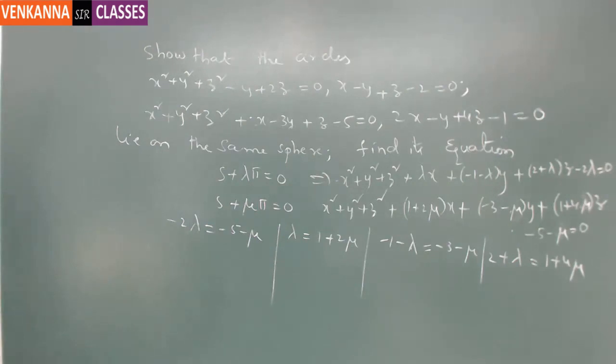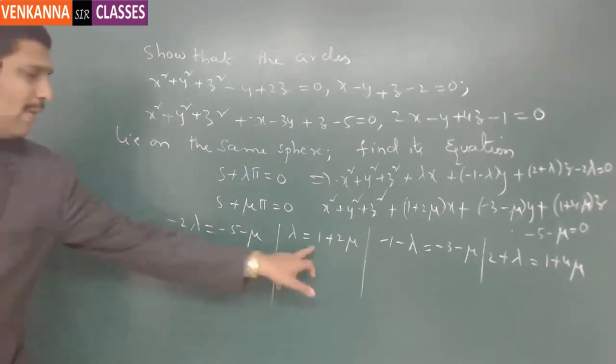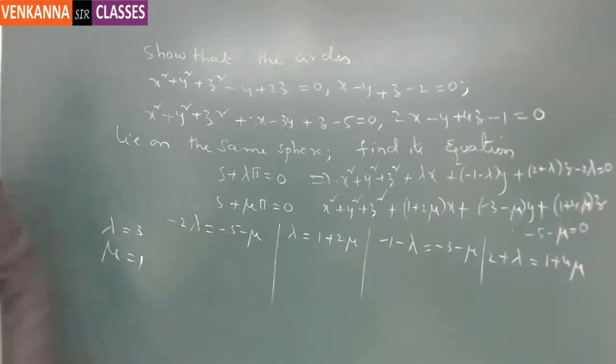Solving these equations, any two you can take, you will get lambda equal to 3 and mu equal to 1. If you substitute the lambda value here, you will get the mu value obviously.